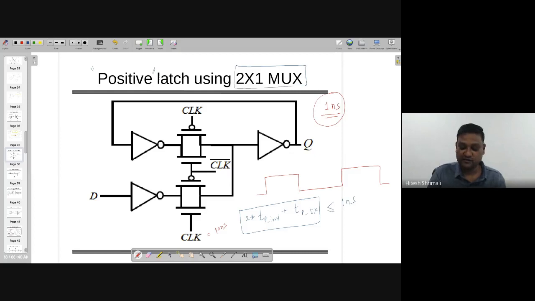So that things will fall in line and you will get the output as you want, right?